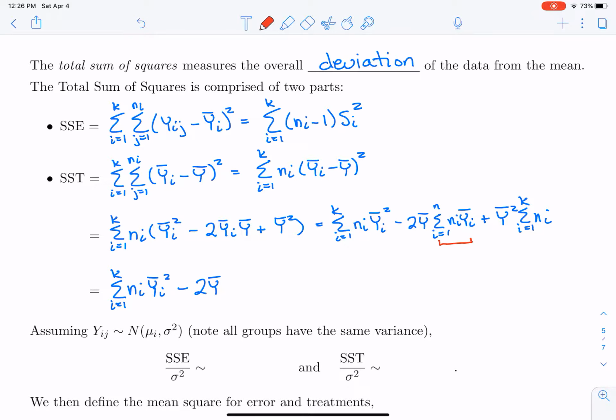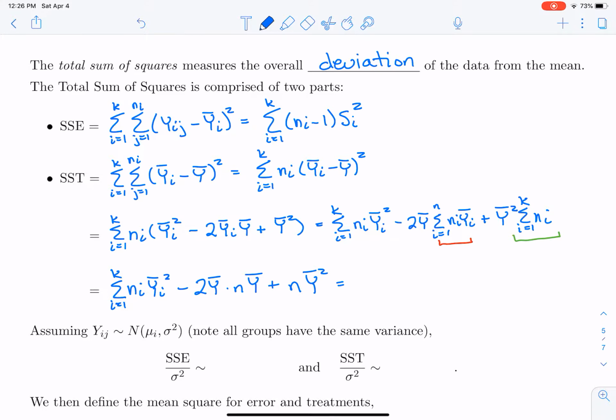If I had divided that by n, that would just be y bar. So what I have there is actually n y bar. And then plus, if I look at this term, the sum of the n sub i's, that's just n. Okay, that's the total number of observations. So I'm going to get an n y bar squared.